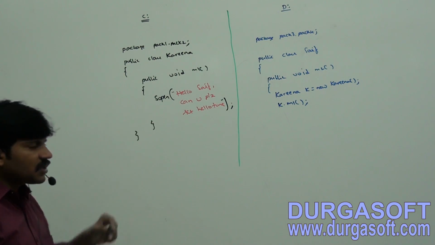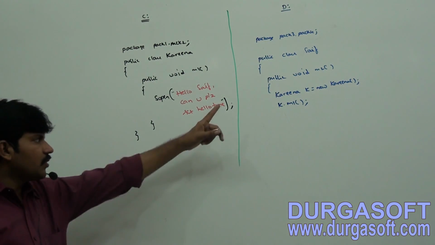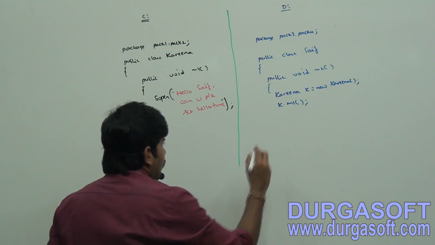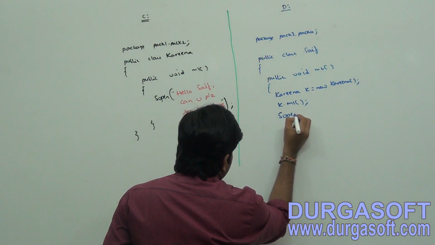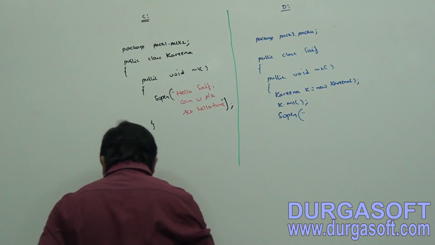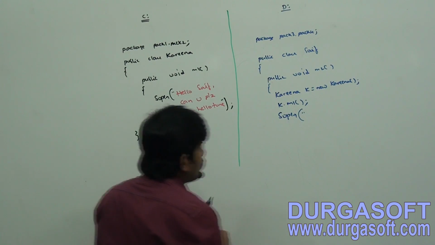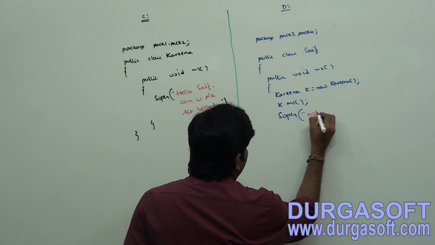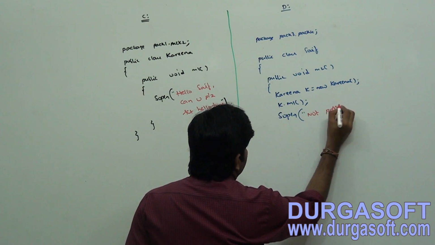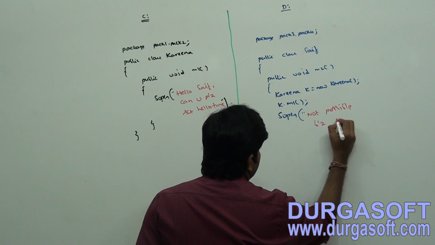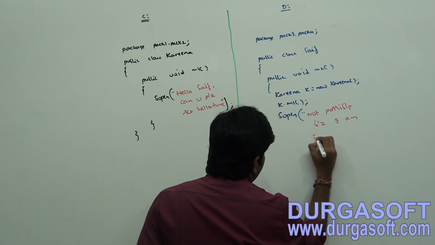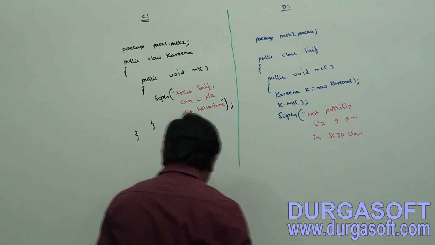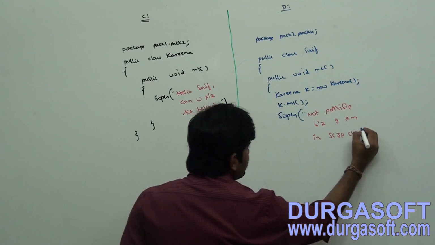Then automatically "Hello Saif, can you please set hello tune" is going to be printed. Then immediately Saif provides the response, SOP of "Not possible because I am in SCJP class."